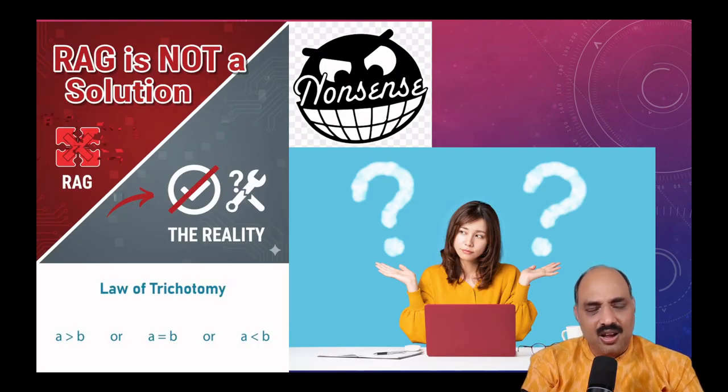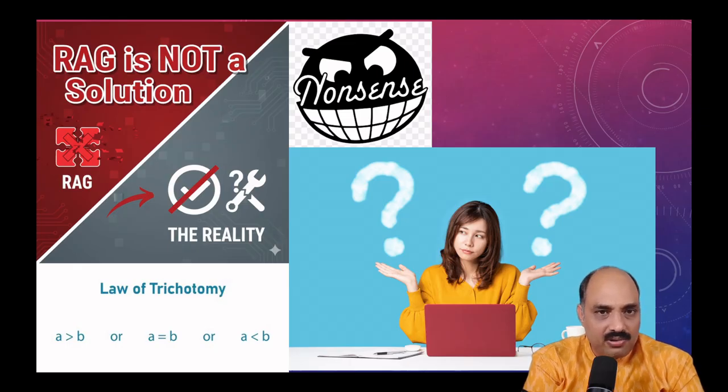On any given day, LLMs can utter complete nonsense. The reason is your training data may not have any reference, and you are not rewarding the model to say, I don't know, I don't have a clue. And even the algorithms and mathematical scenarios there do not have anything.